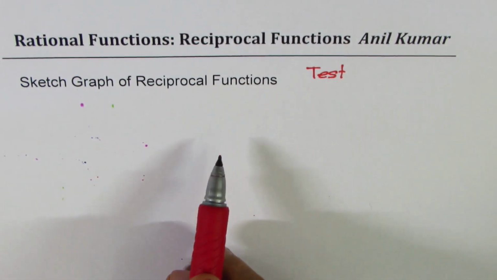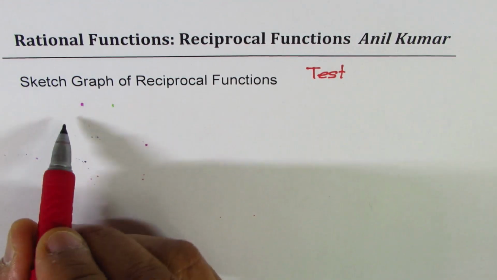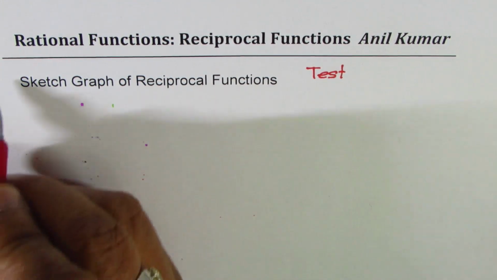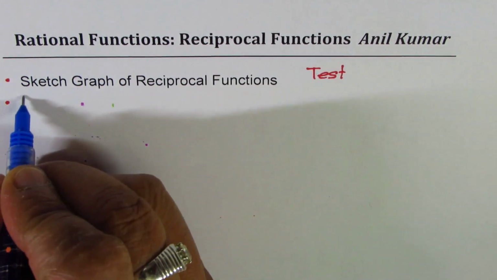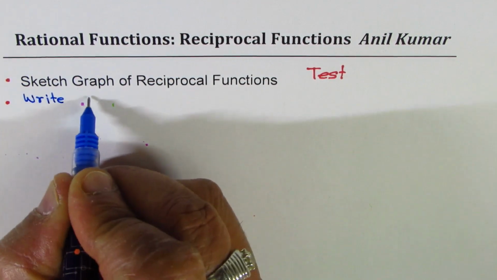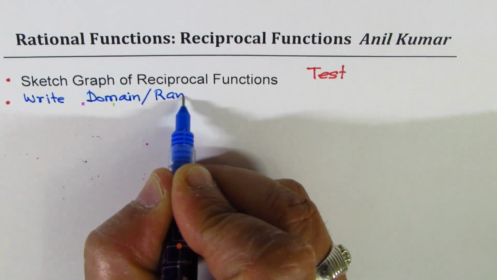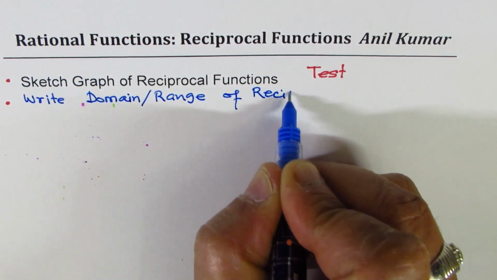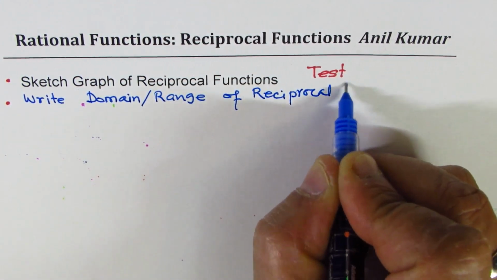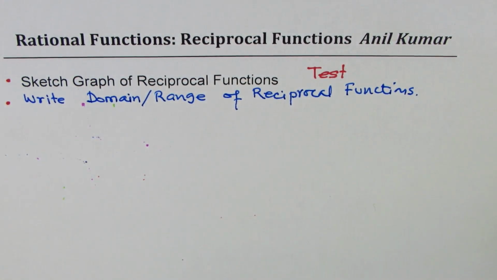So what you need to do here is that you need to pause the video, you need to sketch graph of reciprocal function, that's the first part, and the second part which you have to do is to write domain and range of reciprocal functions. Correct? So that is your test.